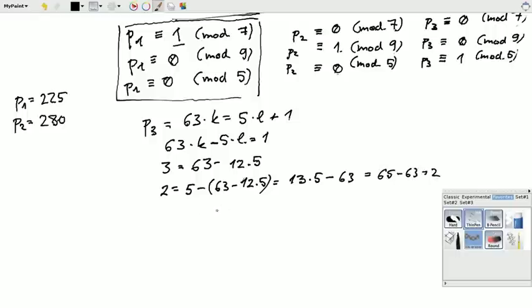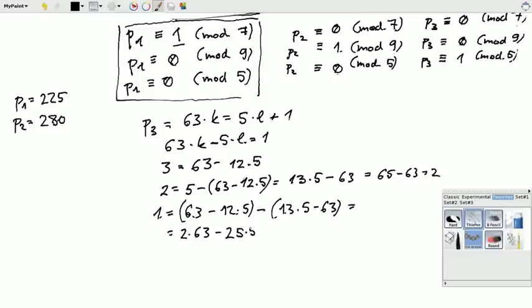Great. Now 1 is equal to 3 minus 2 is equal to 63 minus 12 times 5 minus 13 times 5 minus 63. Let's expand. So 63 minus and minus gives plus. So 2 times 63 minus 12 times 5 minus 13 times 5 is equal to minus 25 times 5.